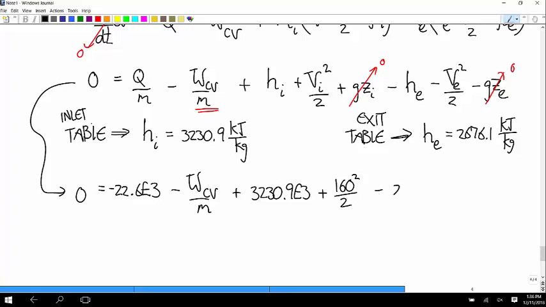Then minus 2676.1 times 10 to the third. Minus, and the speed at the exit is 100 meters per second, so 100 squared over 2.